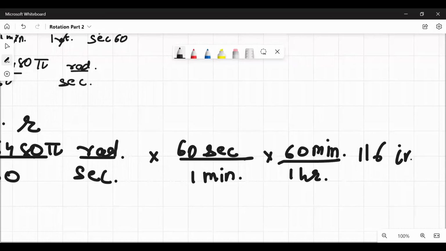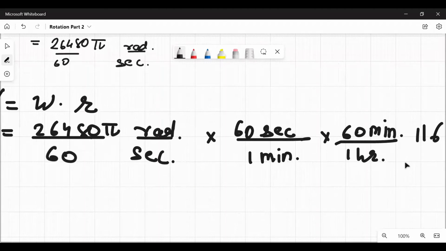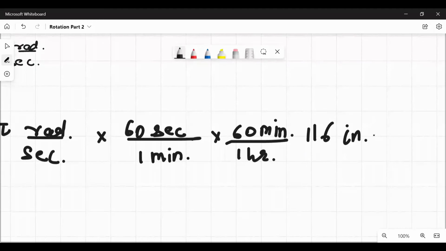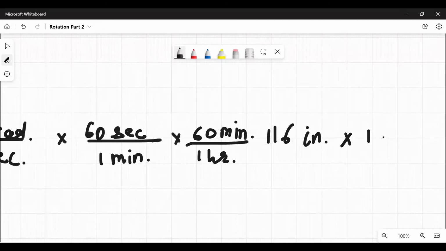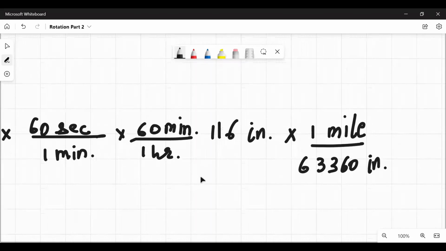This is 58 inches. And yes, that's that. Or actually we can do this now. We can convert it from now only. So this is going to be 1 mile over 63360 inches. So that's your whole conversion factors.